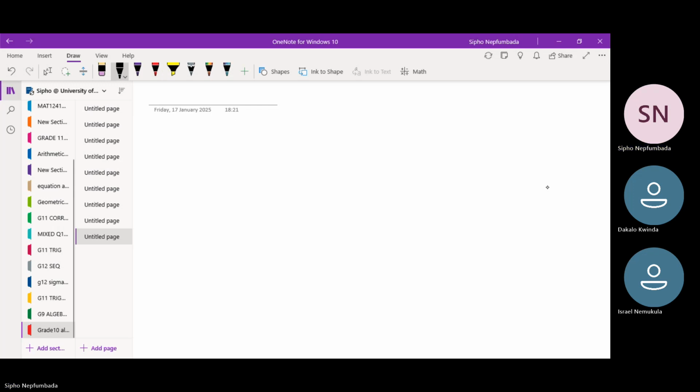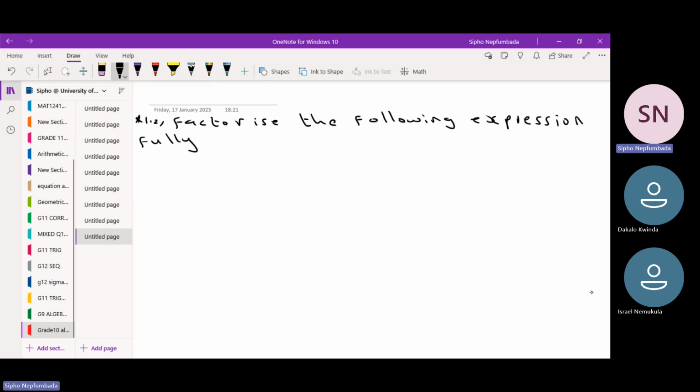So now, let's say the question says, factorize the following expression fully. Factorize the following expressions fully.